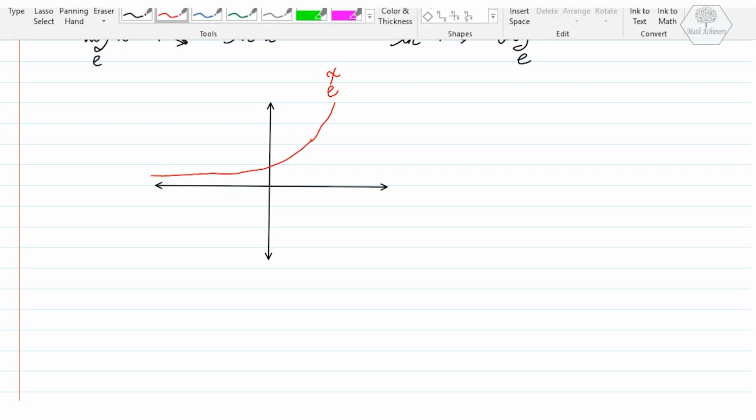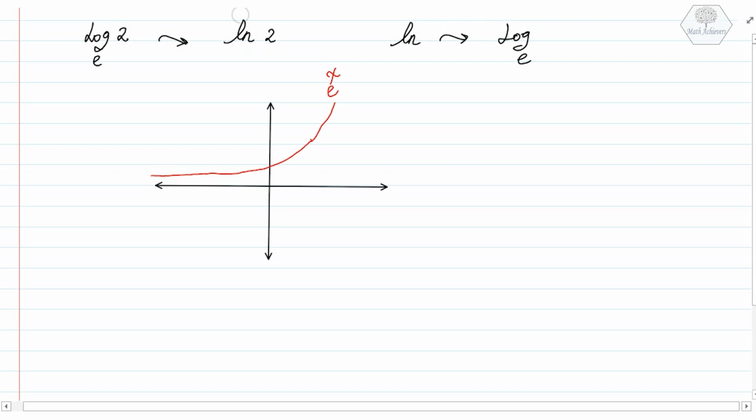And I want to draw the ln function because it's the inverse of e to the power of x. This is ln of x. This value is (1, 0), and this one is (0, 1).